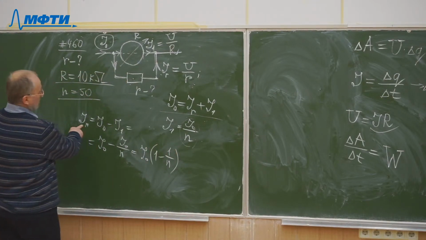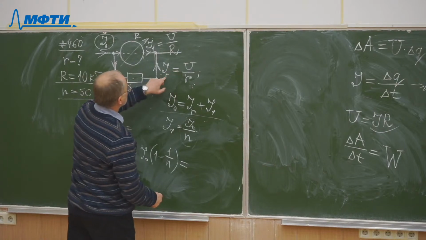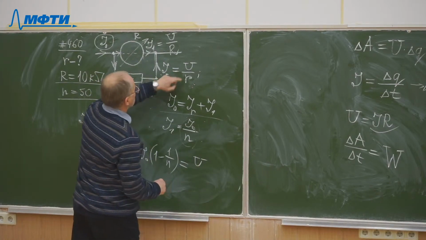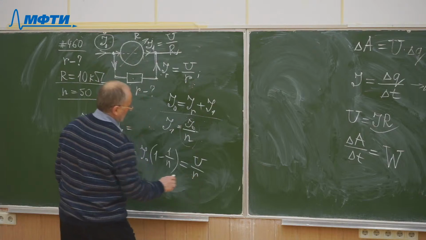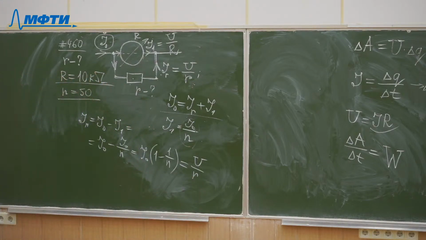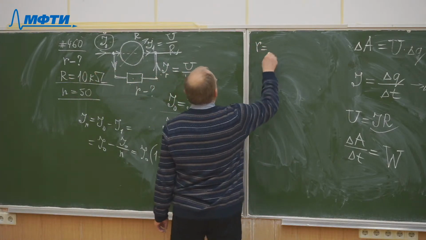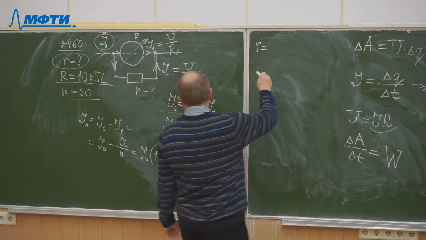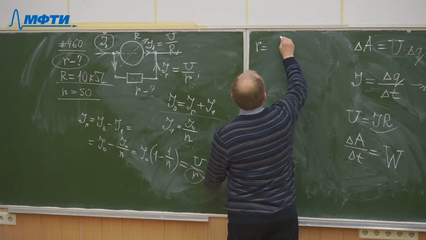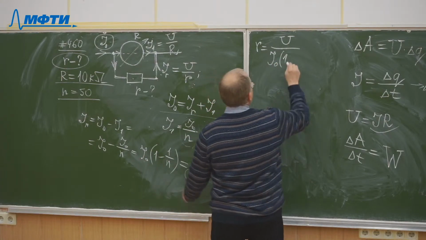If we know the current that goes through the shunt, we may immediately use Ohm's law and write that this current equals the external potential difference on the galvanometer divided by R. And so we may find R from this formula, because we need to find the resistance of this shunt, and R will be equal to U divided by I0 times, in round brackets, 1 minus 1 over n.